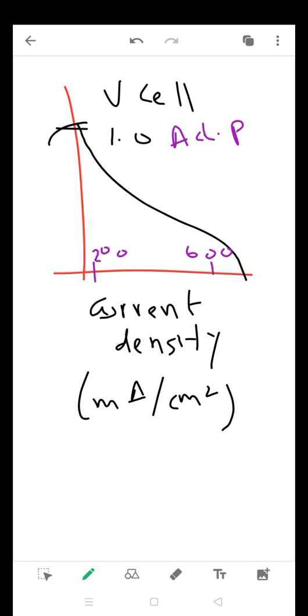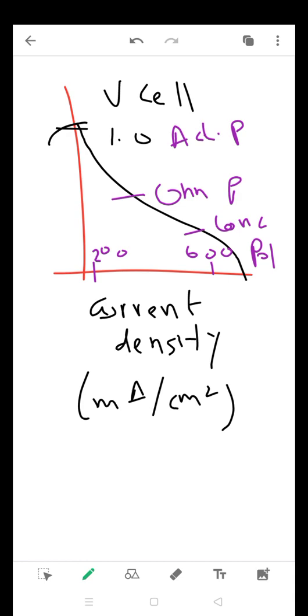After activation polarization, next comes ohmic polarization in this range, and lastly you have concentration polarization. So these three polarizations define the shape of the IV curve of a fuel cell.